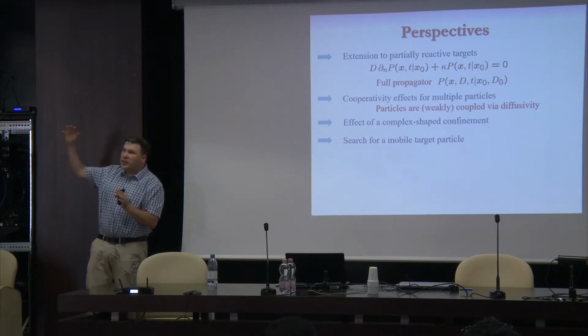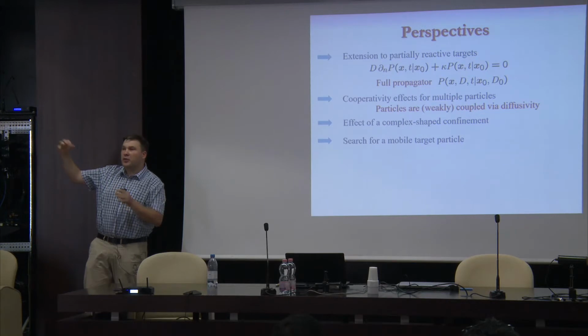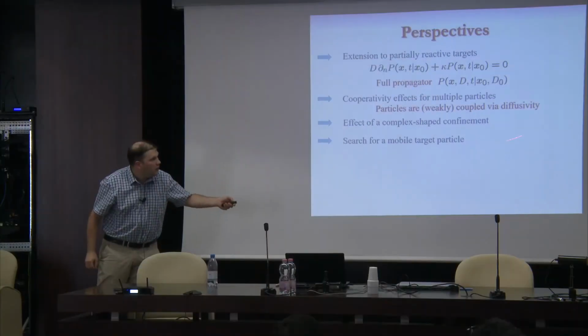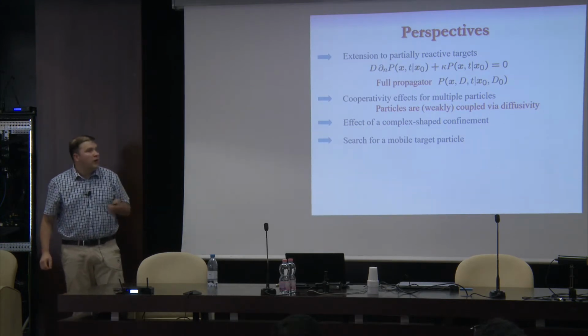If the target is located on the cell membrane, that could be justified because, on the time scales, the membrane would move slower than the proteins. But if it's just a protein inside the cell, there is no reason to say that the target is fixed. So I think it would be very interesting to see how one can extend this problem to a mobile target particle.